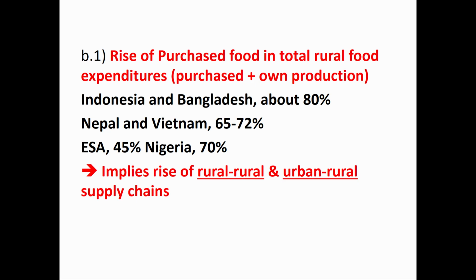In other words, the consumption has rapidly commercialized. What does that imply? That it's not just rural-urban supply chains that we're talking about anymore when we're talking about transformation, but a rapid development of rural-to-rural supply chains and urban-to-rural supply chains.